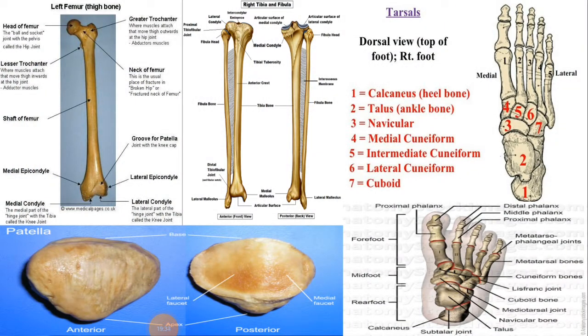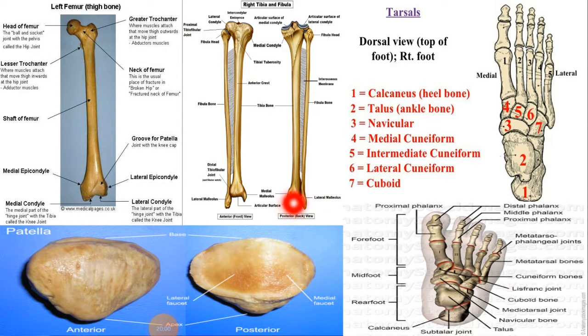So once again, this is the tibia and this is the fibula. The tibia has articular surfaces for the medial and lateral condyles of the femur to form the knee joint, and at its distal end you can appreciate these 2 downward projections, and these are the lateral and the medial malleolus.